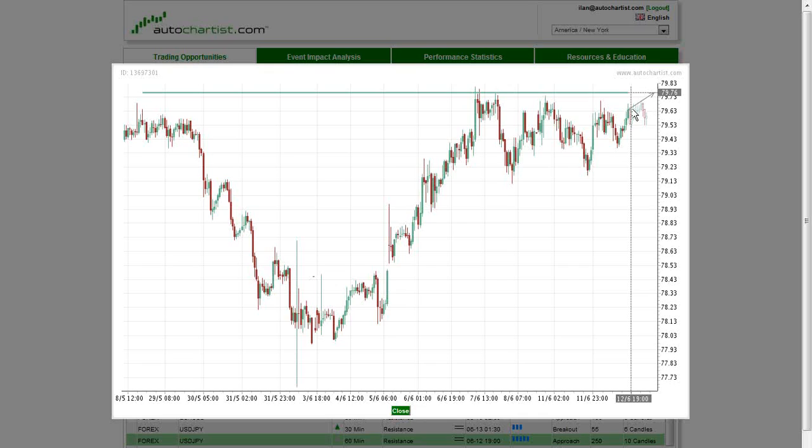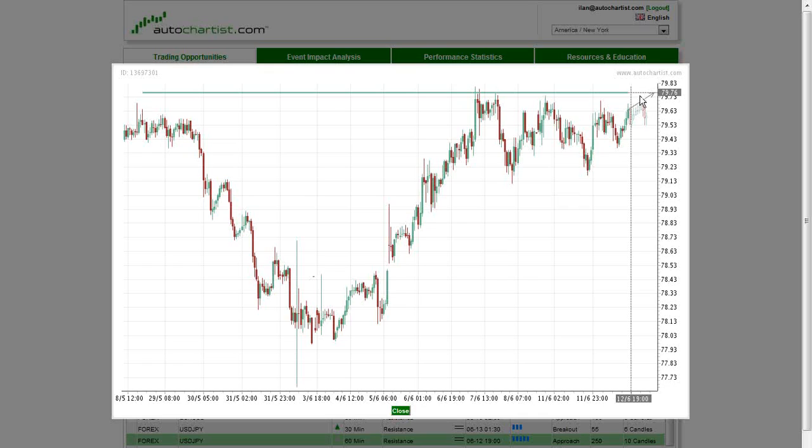And Autochartist seemed to be correct for the first 24 hours of movement or so, and subsequently the pattern has moved away slightly, although I certainly think it hasn't moved away from its general trend towards 79.76. This is still potentially a good trading opportunity on the US dollar Japanese yen up to 79.76.